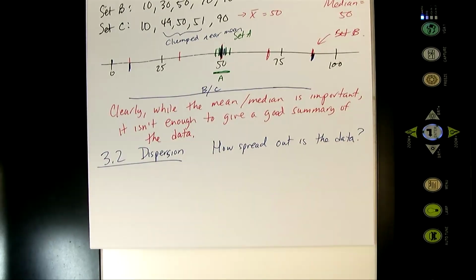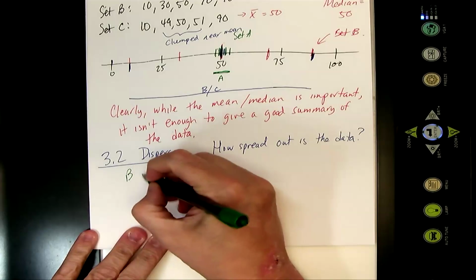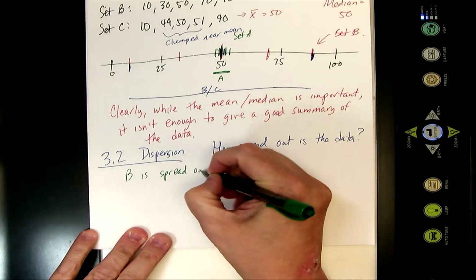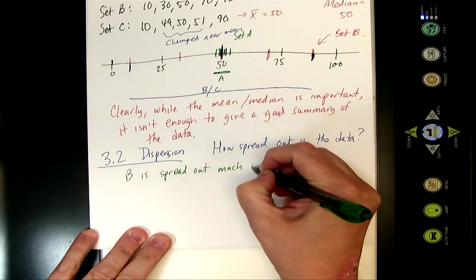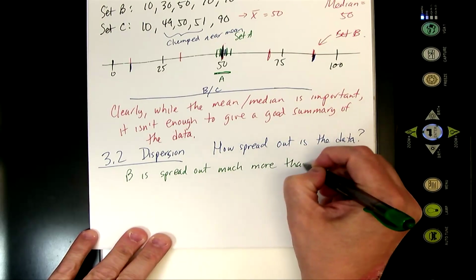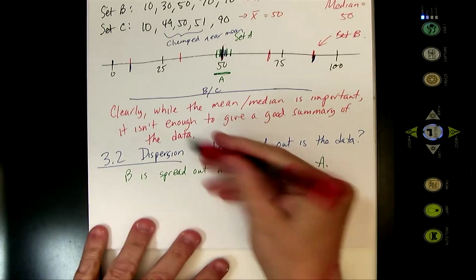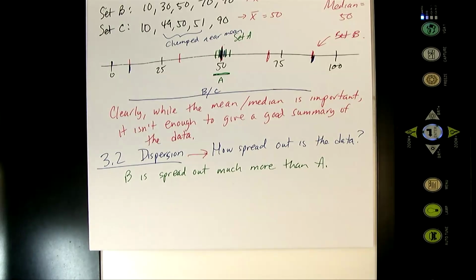All right, so spread out. I would say B is spread out much more than A. And so that's what dispersion is, just how spread out the data is. We have different ways of measuring it.